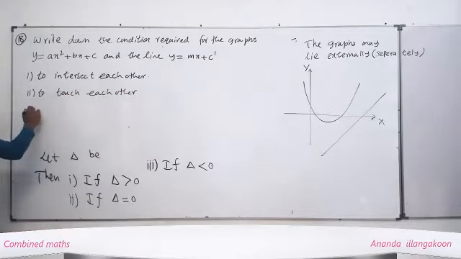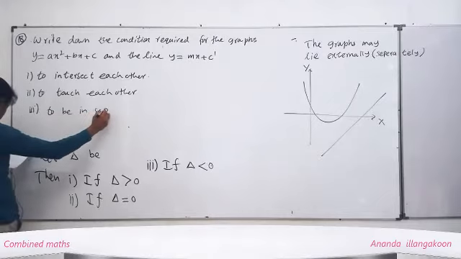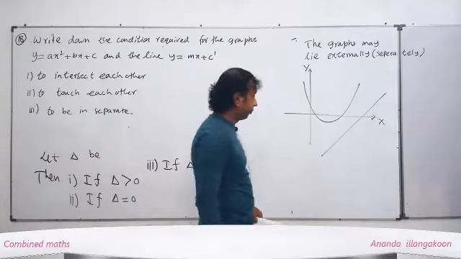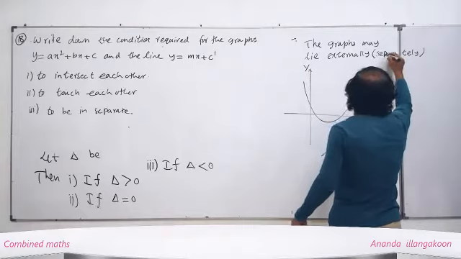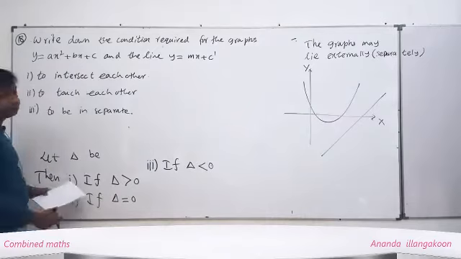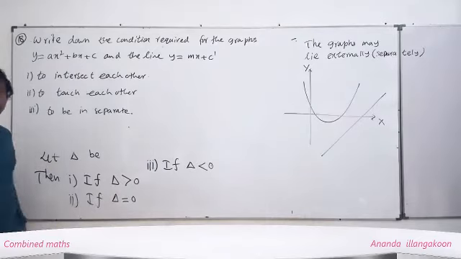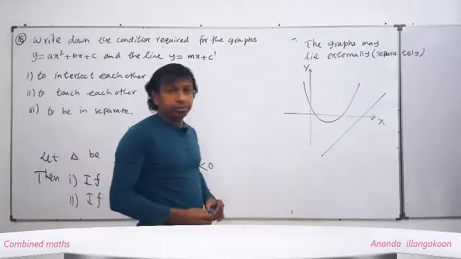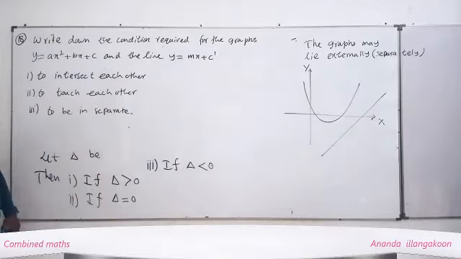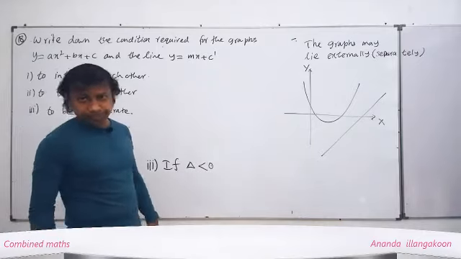Number 3, to be separate. Here, what is the method? The right hand sides of these equations we have to equate and obtain a quadratic equation and then find its delta. If delta is positive, they intersect at 2 points. Delta 0, touch each other. Delta negative, they lie separately.